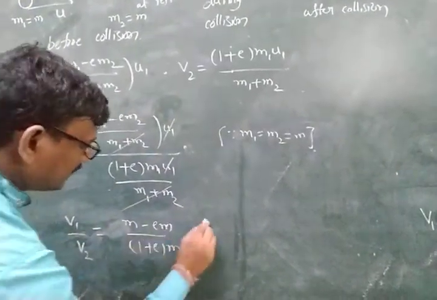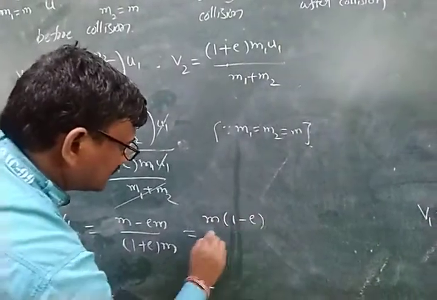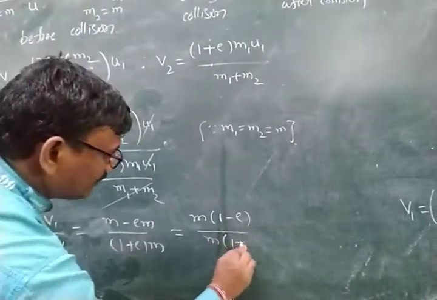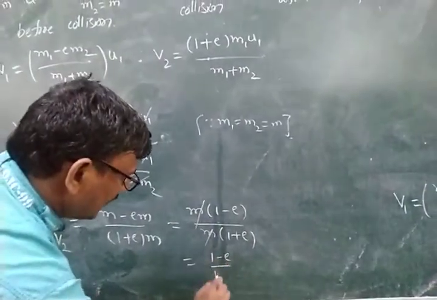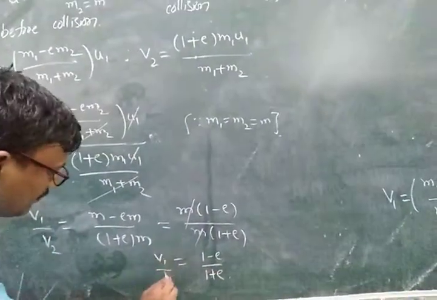Taking m common, 1 minus e by 1 plus e, the m gets cancelled. That is equal to 1 minus e by 1 plus e, v1 by v2.